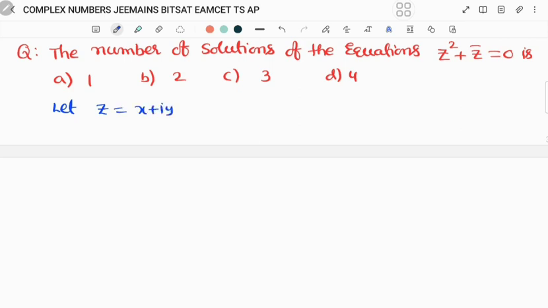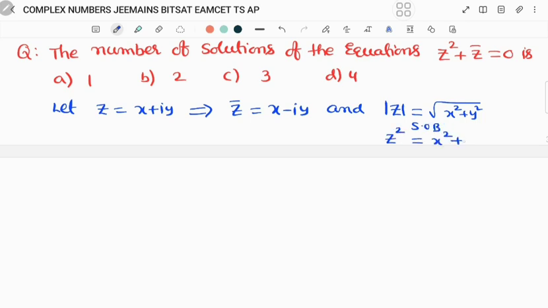Whenever z's value is x plus iy, obviously the z bar value is x minus iy, and mod z is equal to root over x square plus y square. Squaring on both sides, mod z square equal to x square plus y square. I hope you understand.